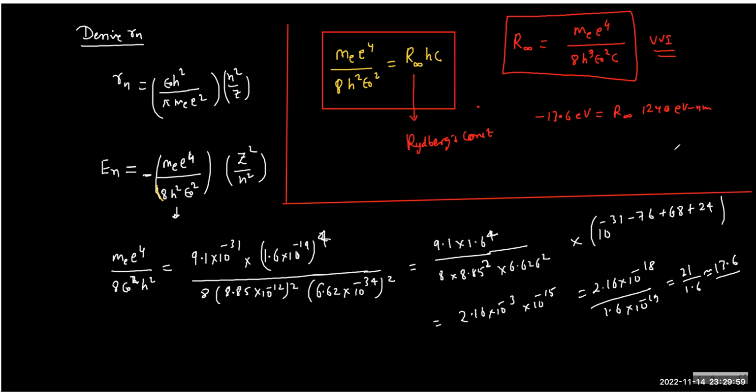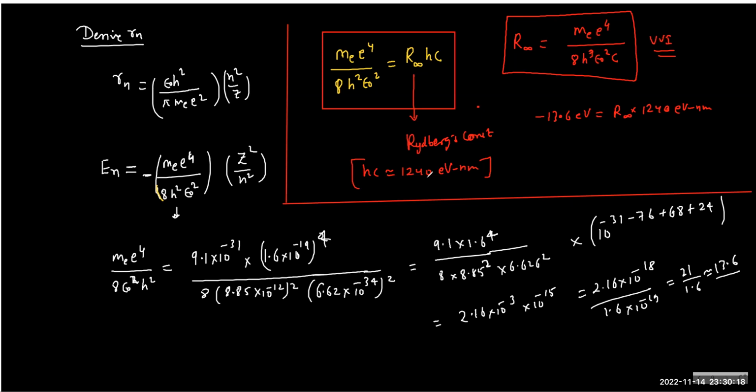Understood? Always remember, HC is 1240 electron volt nanometer. You must remember this answer.